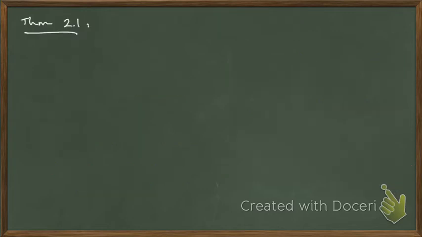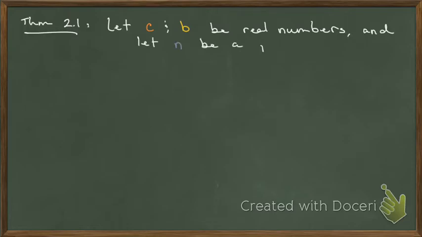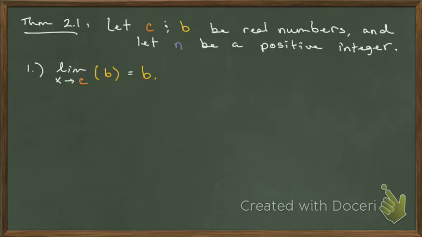I want to start here with a theorem, and these are building blocks of how we work with direct substitution. I've got to say a few things here first. If we let c and b be real numbers and let n be a positive integer, then we have a couple things here. The first is that the limit as x goes to c of b is b.